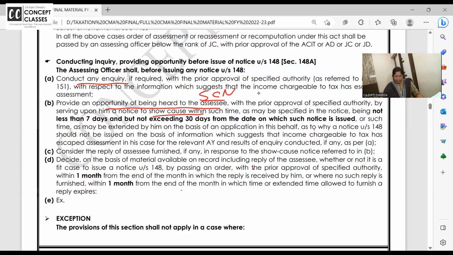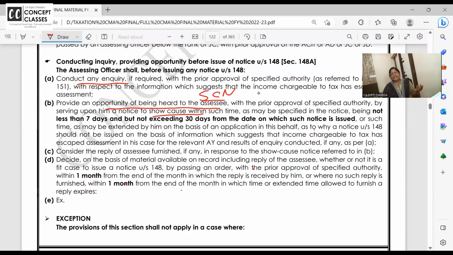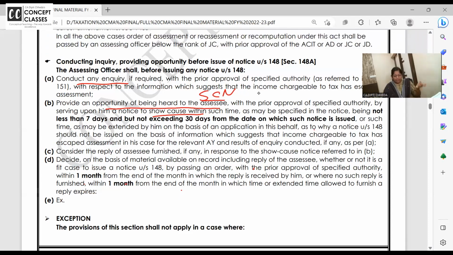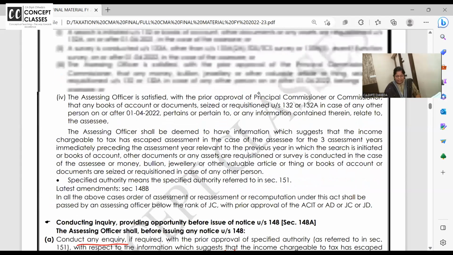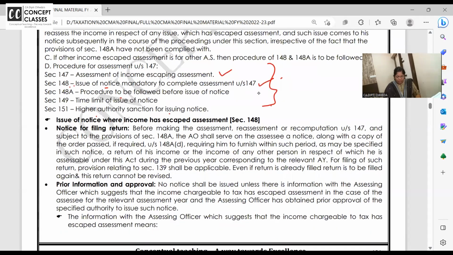And 1 month from the end of the month in which the notice is served, he is ready to issue the notice. So before the notice, what is the first step? Conduct the inquiry. What is the next step? Provide an opportunity of being heard to the SSE on why he should not issue the notice. Once this is done, come back and issue the notice.